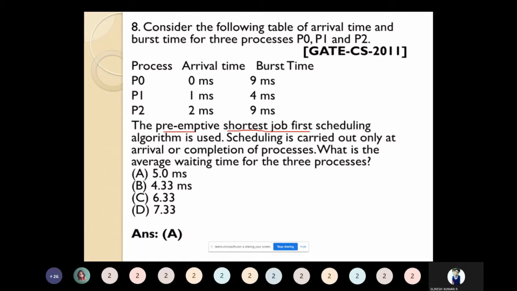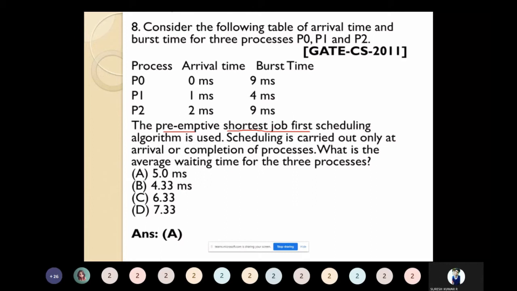For example, if the current process execution time is 10, but the arriving process time is 5 milliseconds, then the current process is preempted, and the shortest job which has arrived is executed now. This is called the preemptive SJF version.